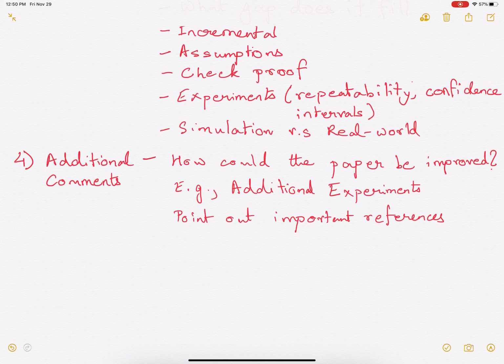When you give your ratings, every conference has an acceptance rate. Say most good conferences have acceptance rates within 20 to 30%. So say you have 10 papers to review.